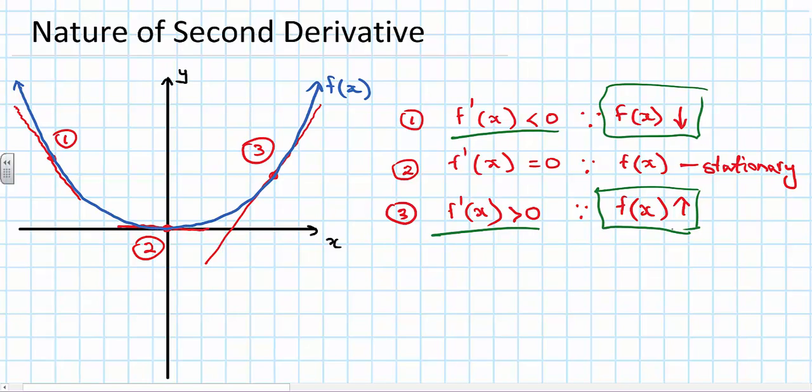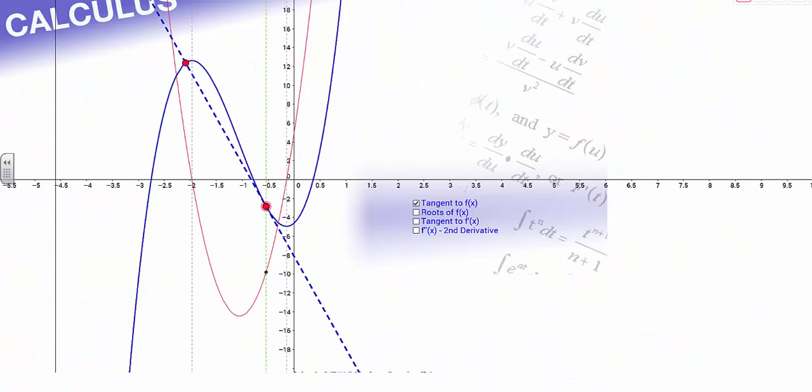So when we find the second derivative, then we are looking at the change in the derivative function, the first derivative. So the same thoughts apply. Let's look at this situation. So the blue graph is what I'm working with, that's my function. And I have a tangent drawn at this red dot.